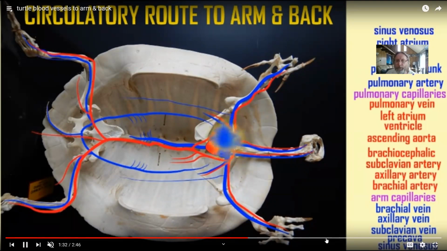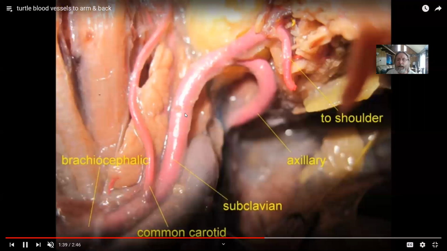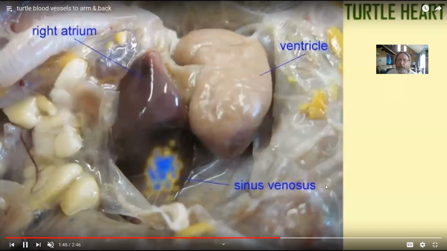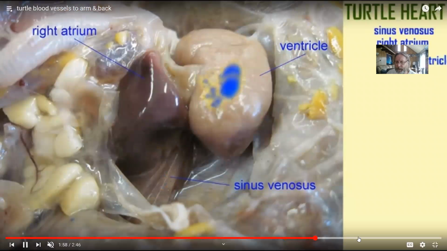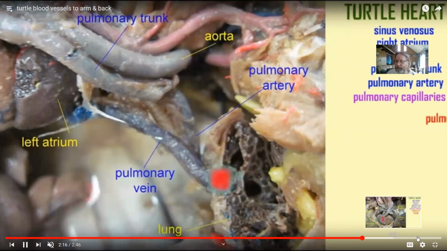And so if we were to look at dissections, the subclavian would then go into the axillary, which would then go to the brachial. All right, and I have some video tracing the blood flow through the lungs.